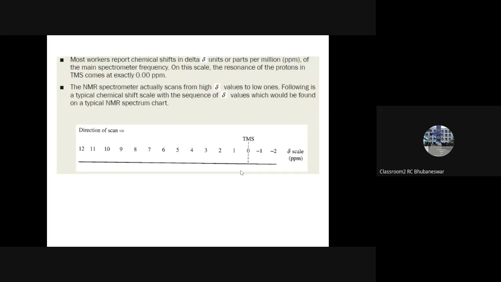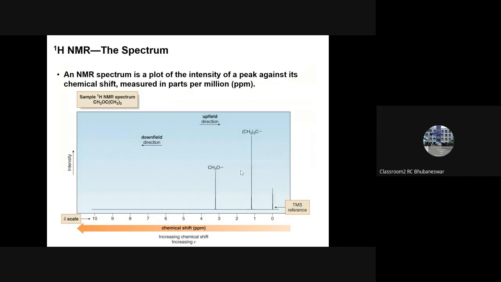That is why it is the best standard. If the standard has its chemical shift value at 0 ppm, then accordingly you can say whether a signal is moving towards more shielding or the de-shielding effect, that it can predict clearly.